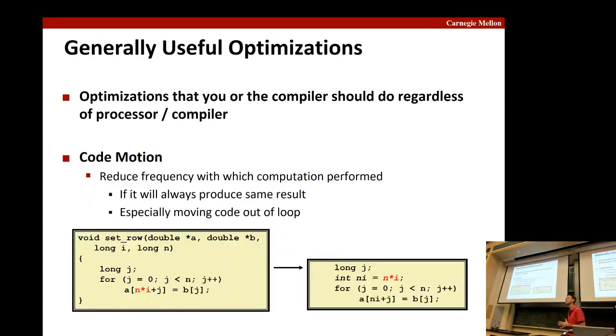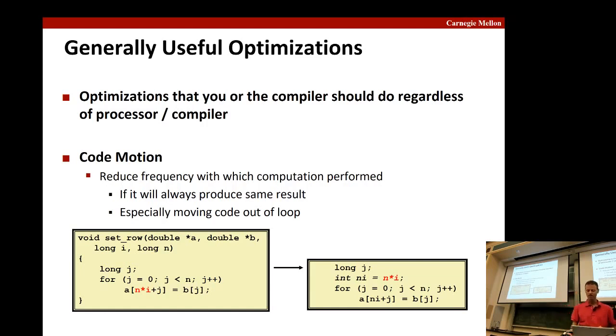So code motion is a generally useful optimization. This is one where you take some aspect of the assembly code that's done inside a loop, and you realize that it's loop invariant. The value of this expression is not changing inside the loop, so there's no reason to recalculate it every time you go through the loop.